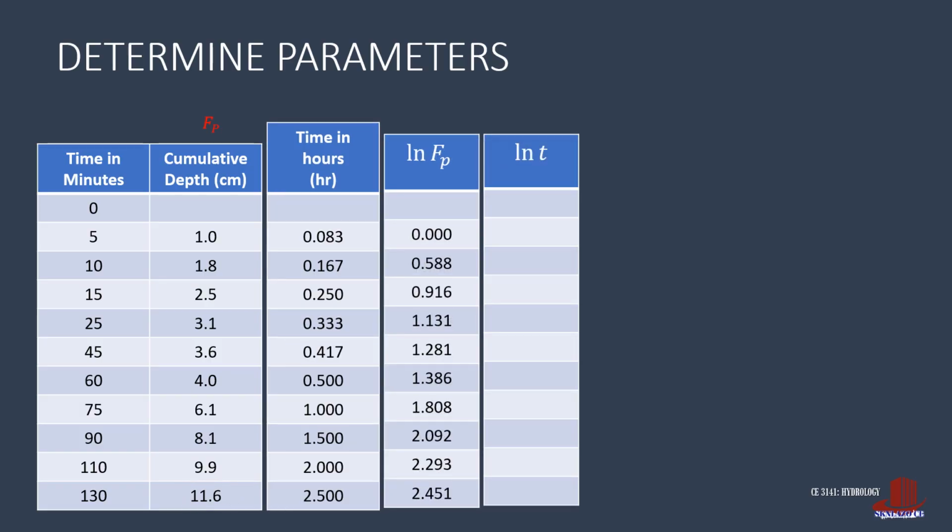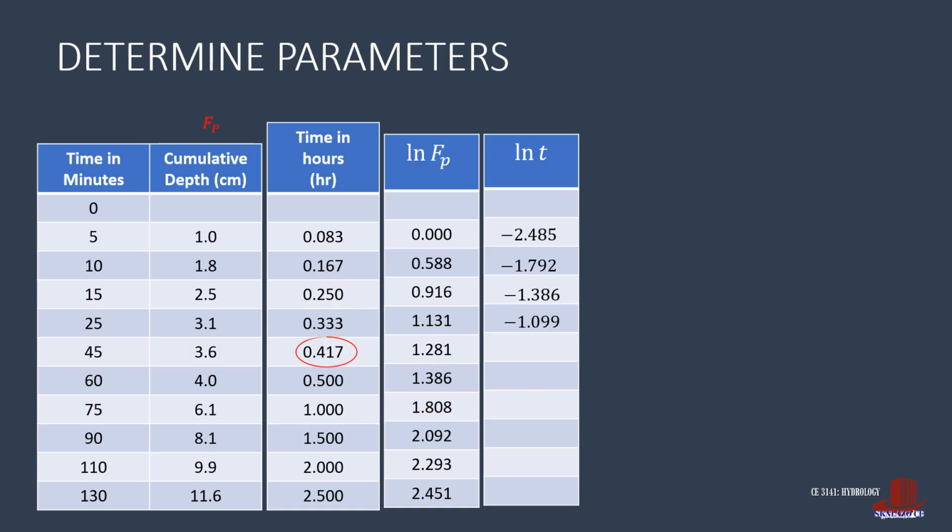Next is to look for ln of t. The time considered is in hours, so ln of 0.083 is negative 2.485. Ln of 0.167 is negative 1.792. The natural logarithm of 0.25 is negative 1.386, and that of 0.333 is negative 1.099.